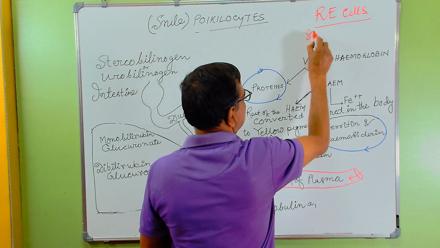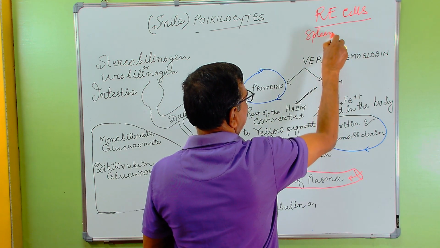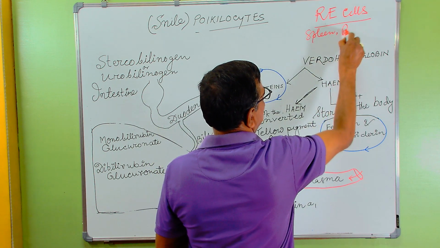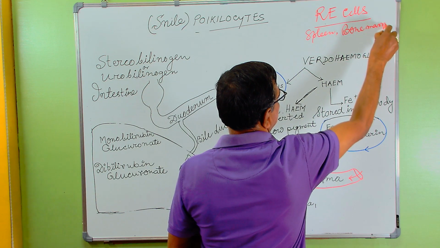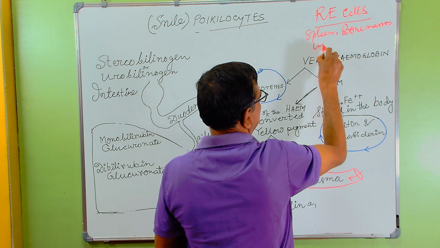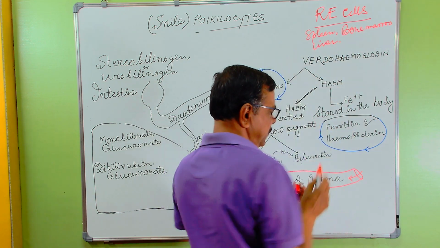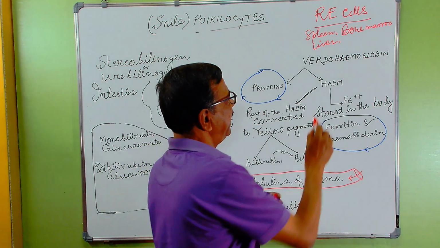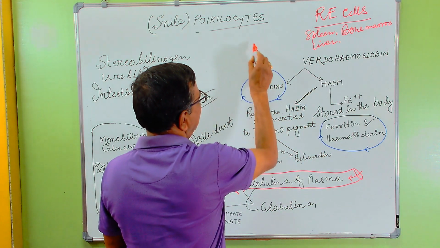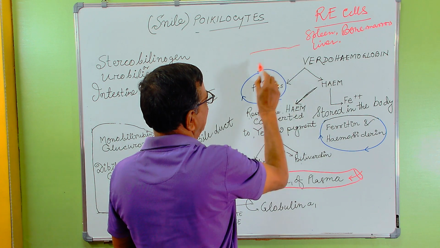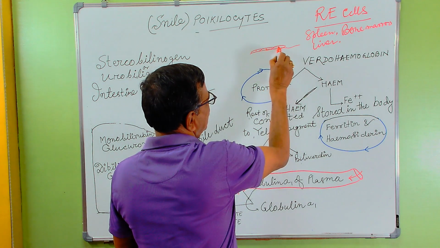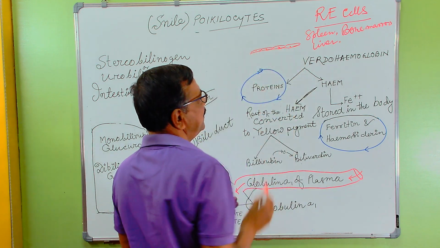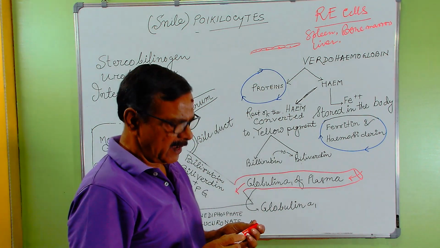They are available in spleen, bone marrow, liver, as well as in the endothelial lining. What is endothelial lining? This is endothelium. Endothelium, these are all flattened cells. So in the endothelial lining, these RE cells are available.